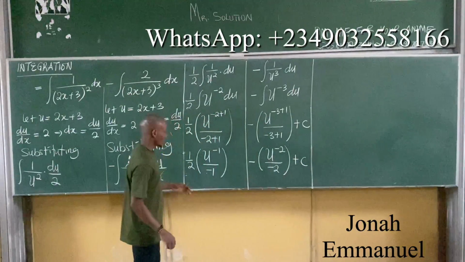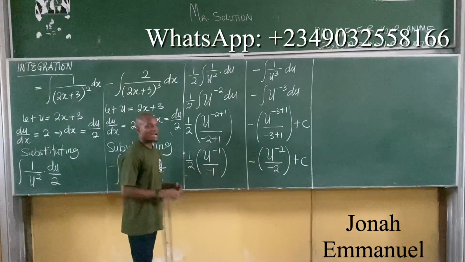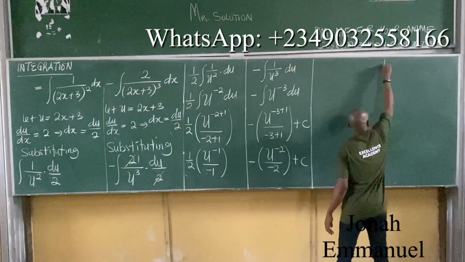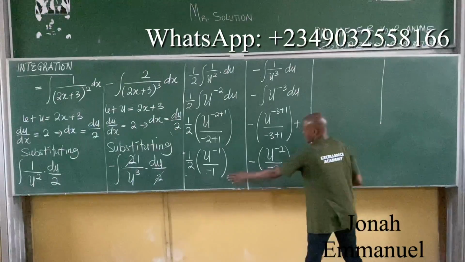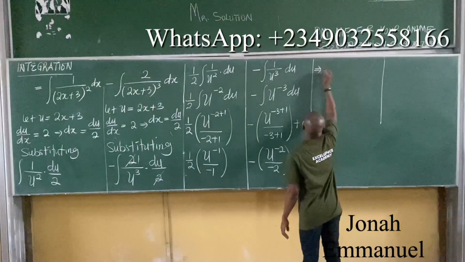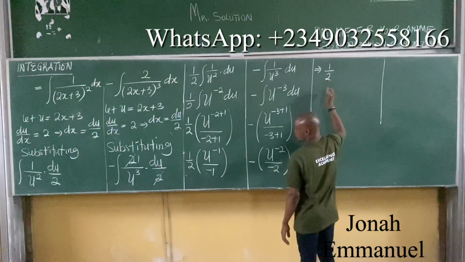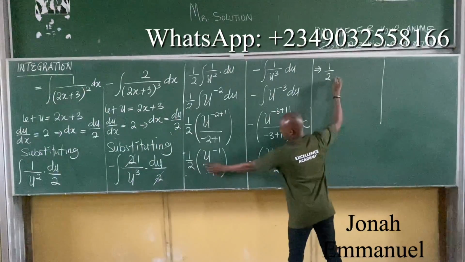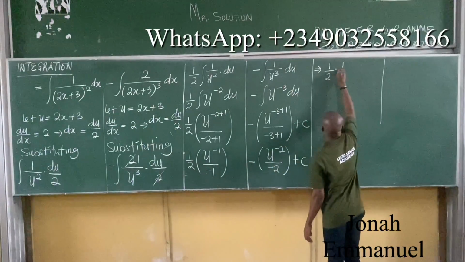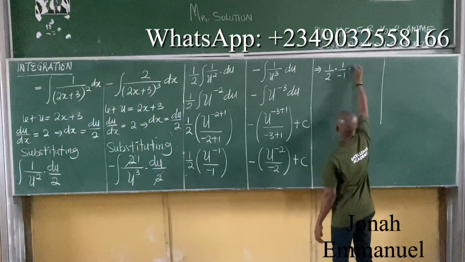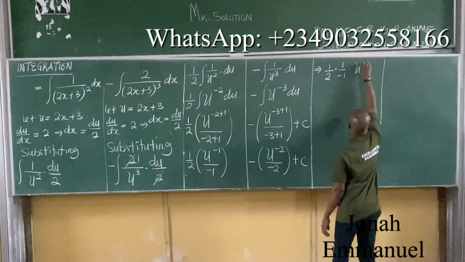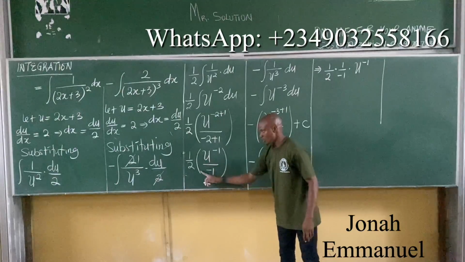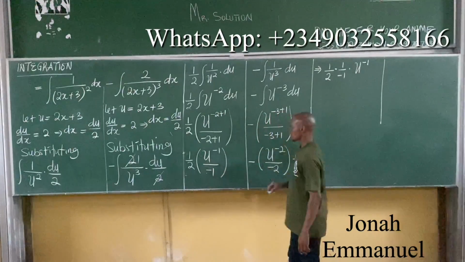So we have this. We'll try to simplify this as much as we can. If I simplify this, this becomes 1 all over 2, and this one here gives you 1 all over minus 1 dot u to the power minus 1. If I separate this one here, this is 1 over minus 1, then u to the power minus 1.